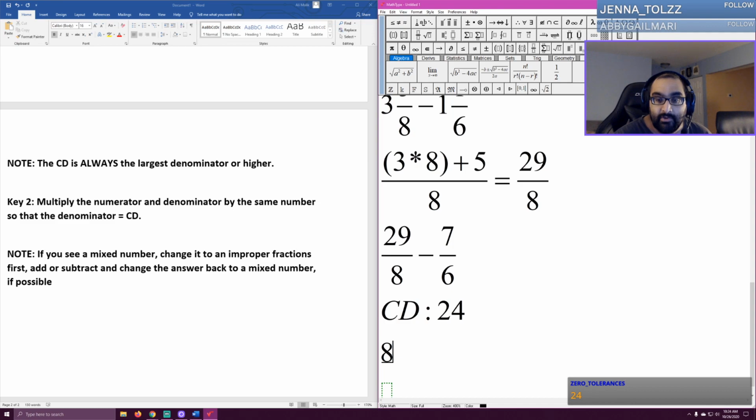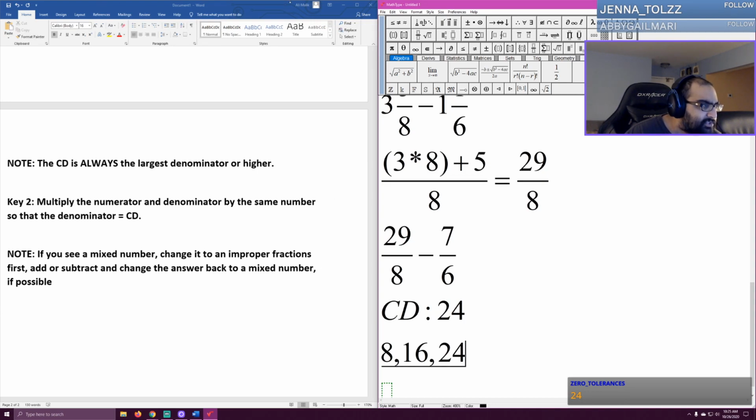We always start at the largest number. 6 doesn't go into 8, so we try the next multiple, which is 16. 6 does not go into 16, fortunately. So we try 24, and that definitely works. 8 goes into 24, and 6 also goes into 24.